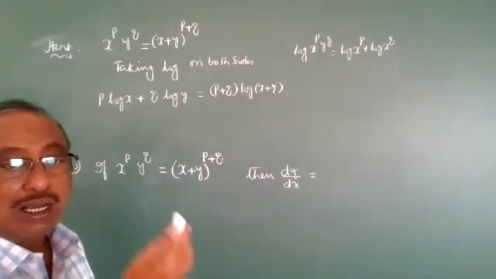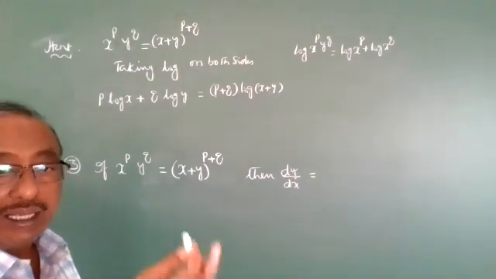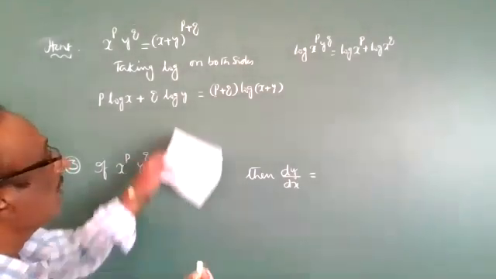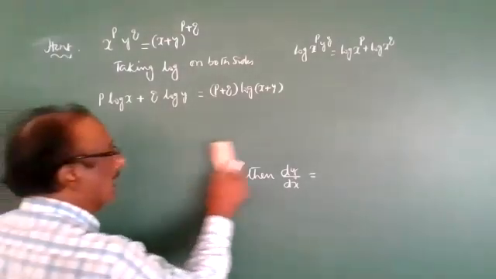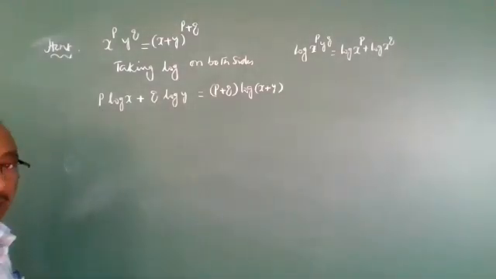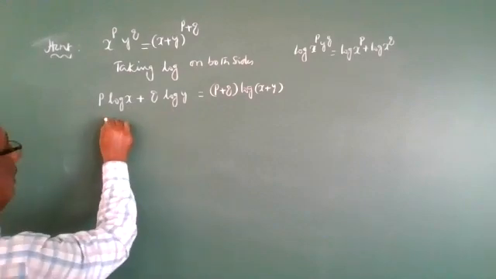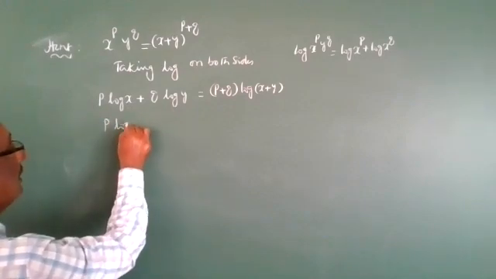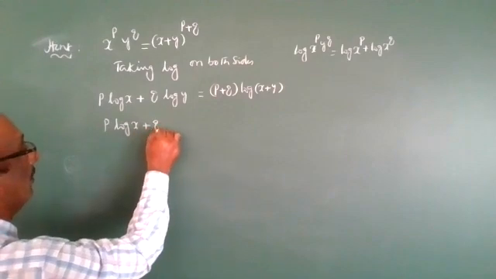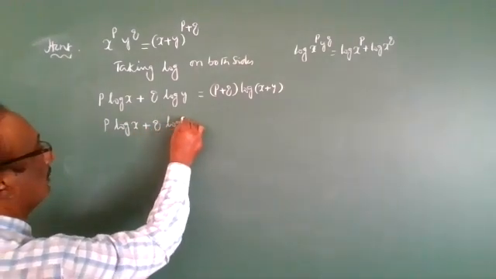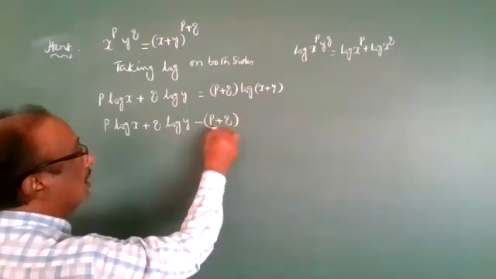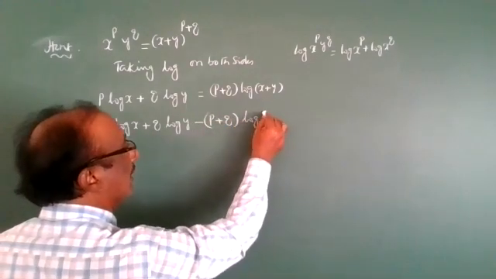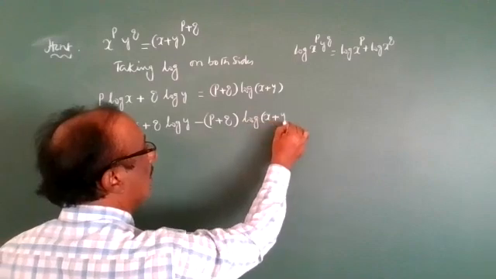And log m^n is n log m, the power comes before. Now I bring the right-hand side over and apply the implicit function: p log x plus q log y minus (p plus q) into log of (x plus y) is equal to 0.